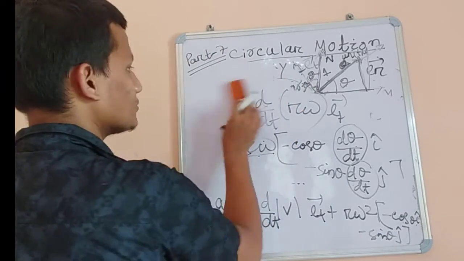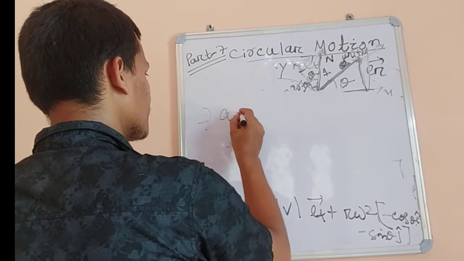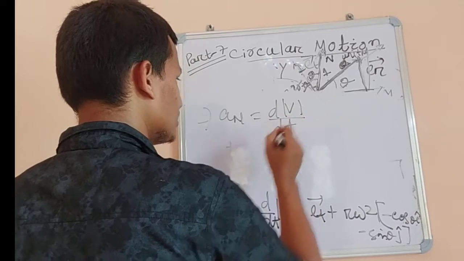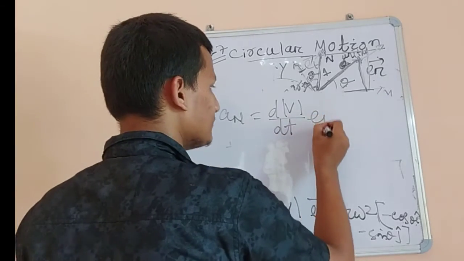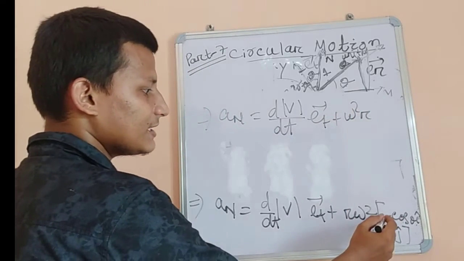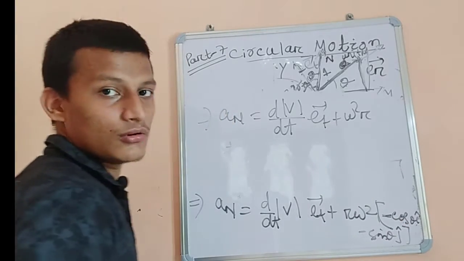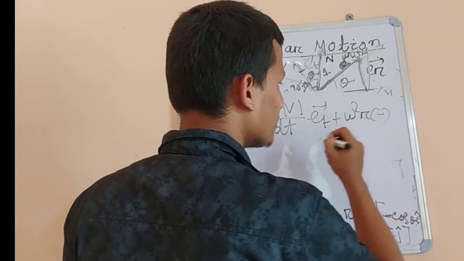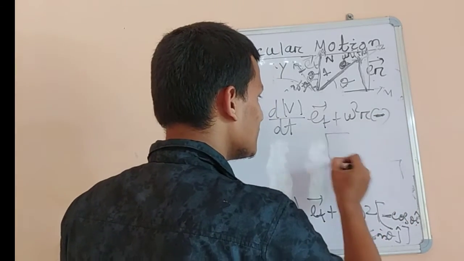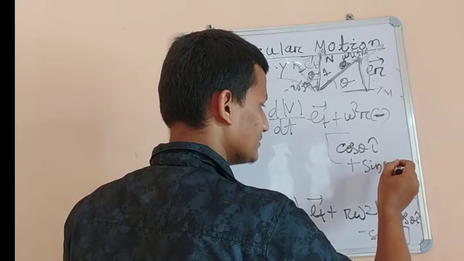Okay, so a net equal to finally d of v modulus with respect to time into et vector plus omega square r into, we are taking minus as common, and what remains is cos theta I cap plus sin theta j cap.